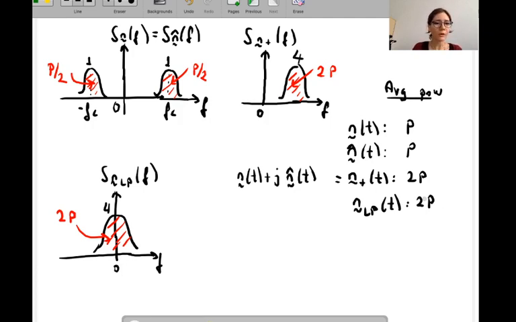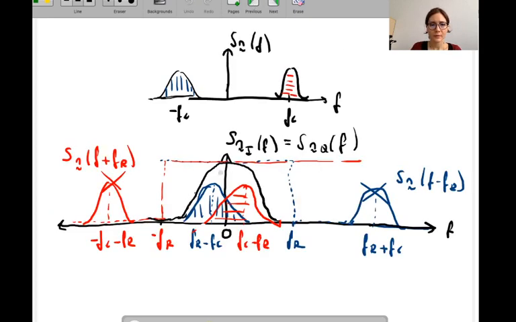And finally, if we also add to this picture the power spectral density, I'll maybe try to draw it here. So S n I of f, which is also equal to S n q of f. You can arrange your drawings better than I. So also remember the spectrum of these from our picture. So n I of f was this, the blue one plus the red one.